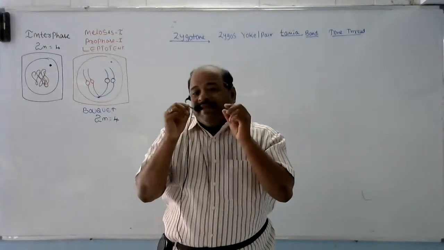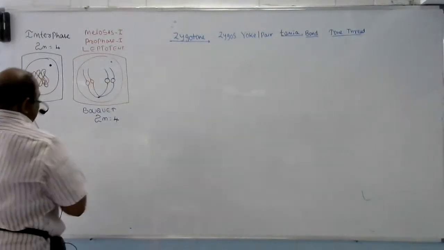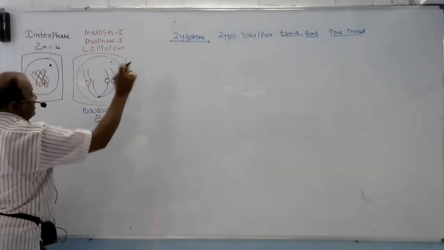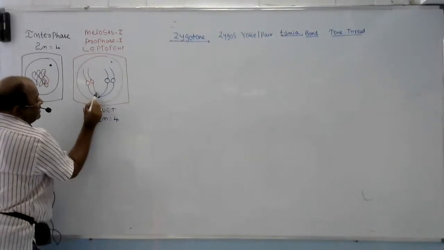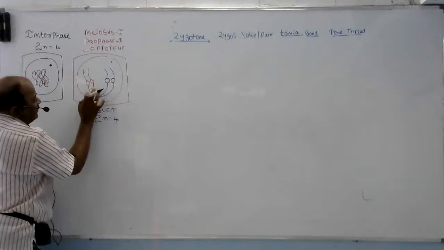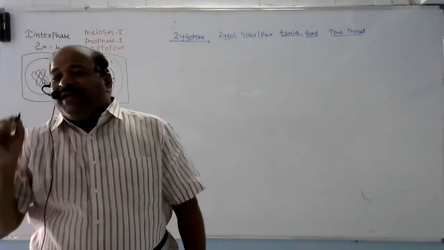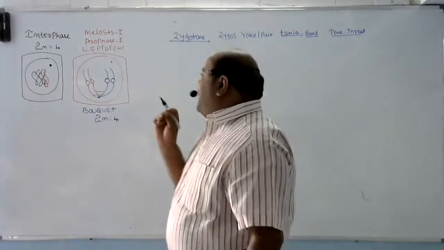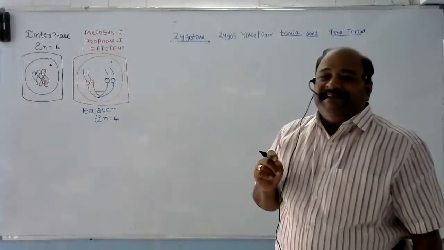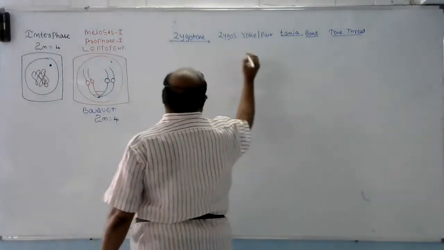When they are fused, how many pairs are there? 5. It means during the zygotene stage, attraction forces develop between the homologous paternal chromosome and maternal chromosome. Hence, that pairing process is called synapsis. So, what is the first point?